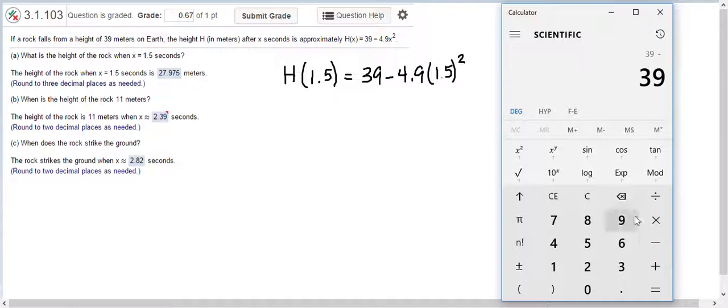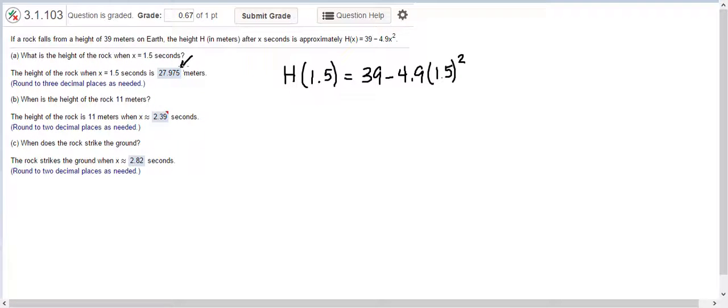So 39 minus, and I'm going to start my parentheses here, 4.9 times, and I'm going to start parentheses again. I'm going to do 1.5 and then squared, close that parentheses, and then close the next one and subtract, and I get 27.975, and that's the answer that is given here. So 27.975 meters will be the height of that rock after 1.5 seconds.